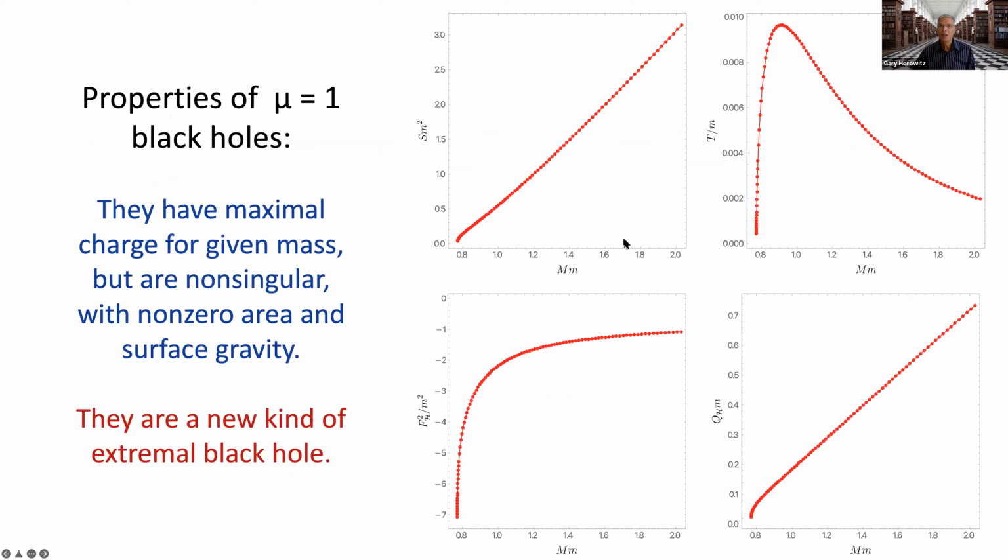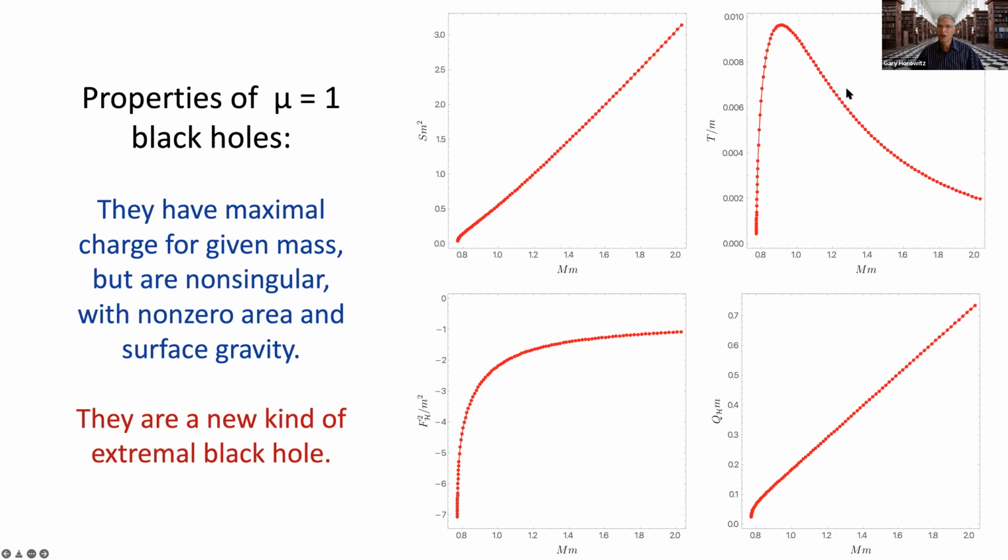Okay, if you now look at properties of these mu equal to 1 black holes, which have the maximum charge per given mass for these hairy black holes, what I plot here is the area of the black hole. I called it S because it's related to the black hole entropy, but this is basically just the area. This is the surface gravity of the black hole.